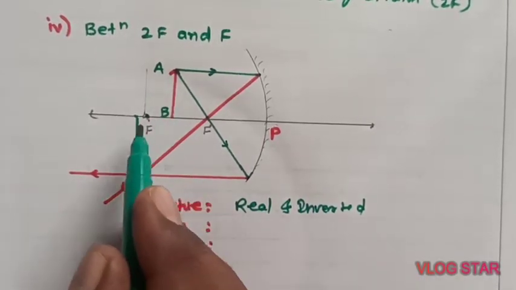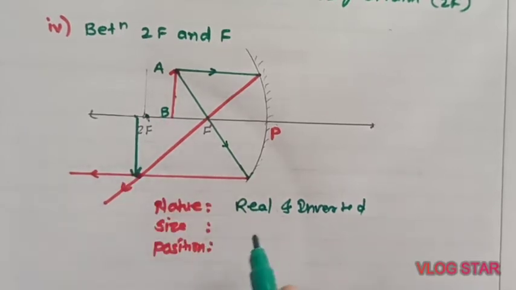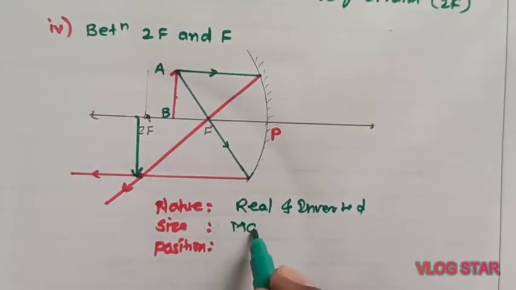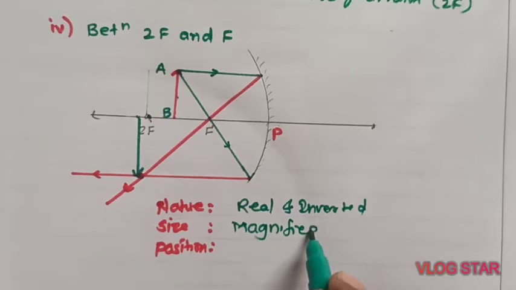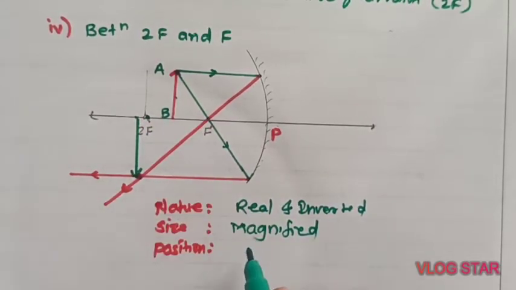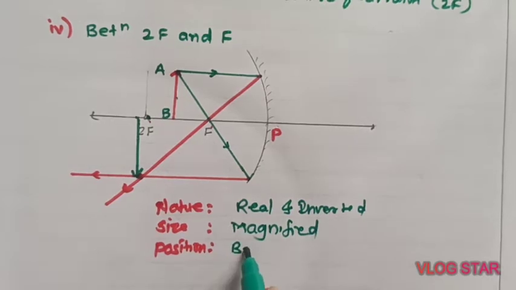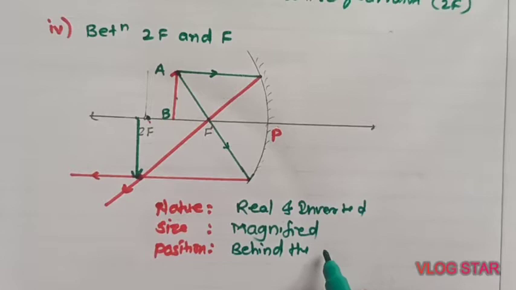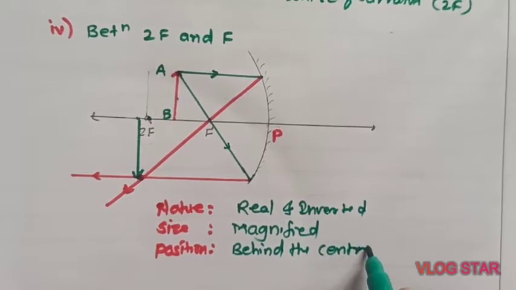Second, size: it is behind, larger than the object, so magnified. And third, the position is behind the center of curvature. That is 2f.